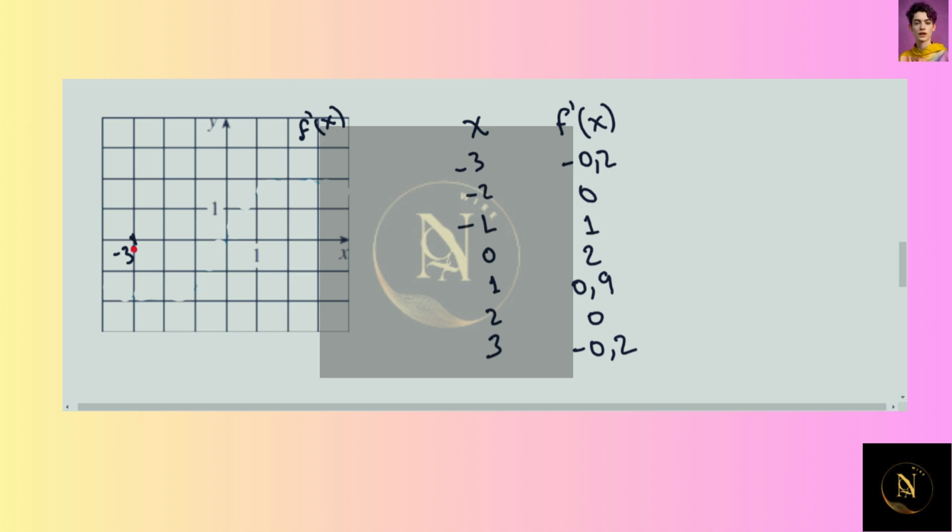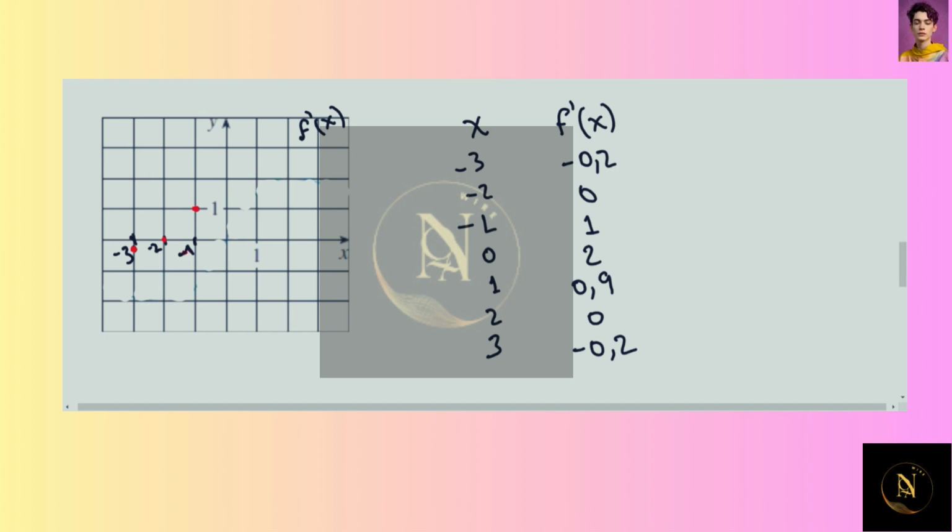Now for minus 2, that is in here, minus 2, we have 0. So it's in here on the x-axis. For minus 1, that is in here, it's 1. That is in here.